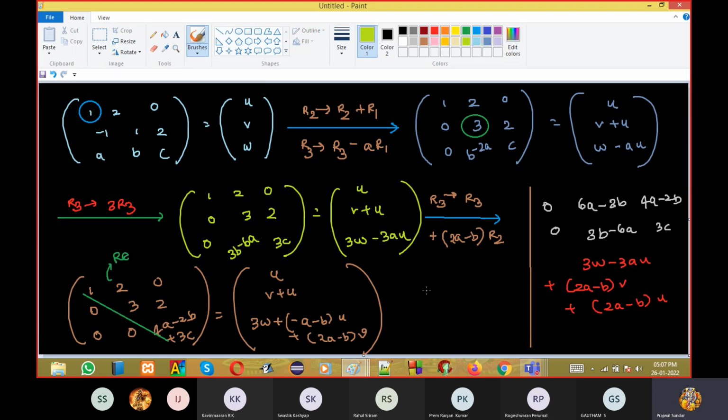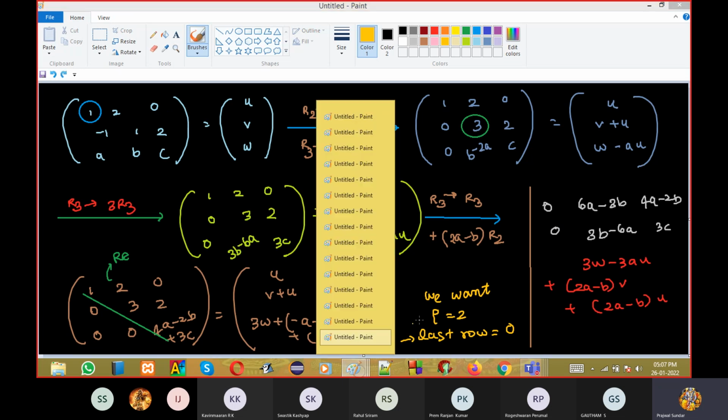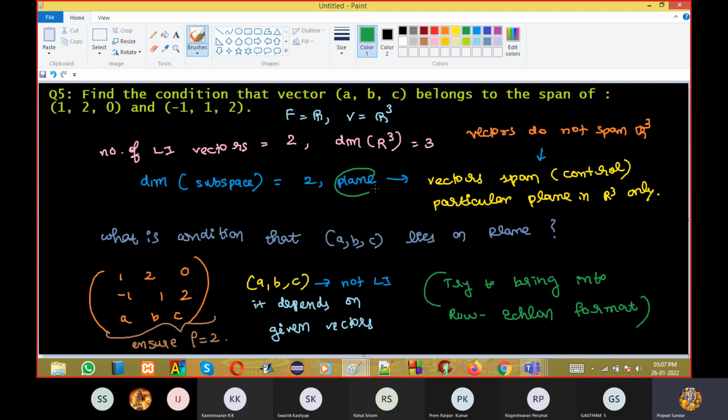Now we want rank 2, meaning I want the last row to be 0. We want this condition, right? Only if we make the last row 0 can I say that the dimension of this will be 2, and that this is still a plane only.